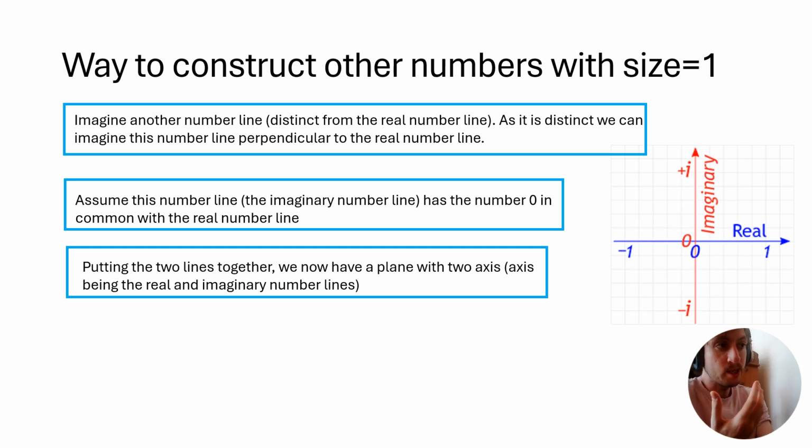More mathematically, we could say, by considering the imaginary number line and the real number line, we have now constructed almost a plane, because we can think of any point now on this graph.